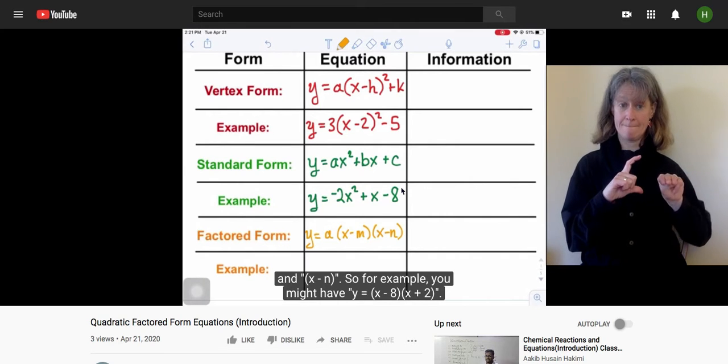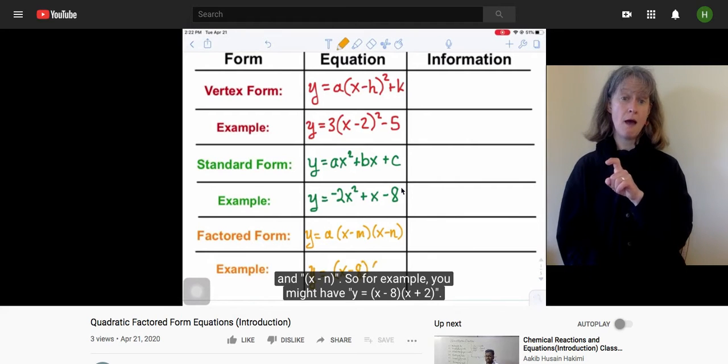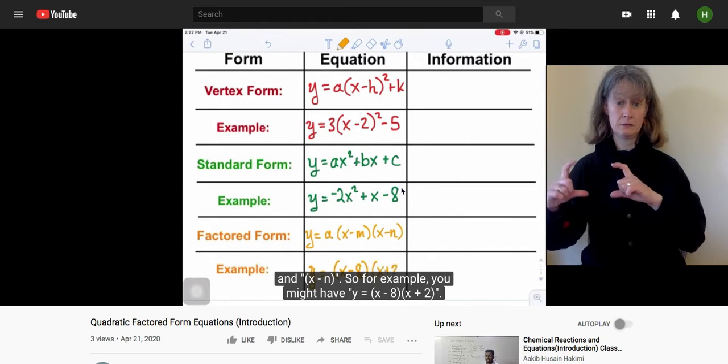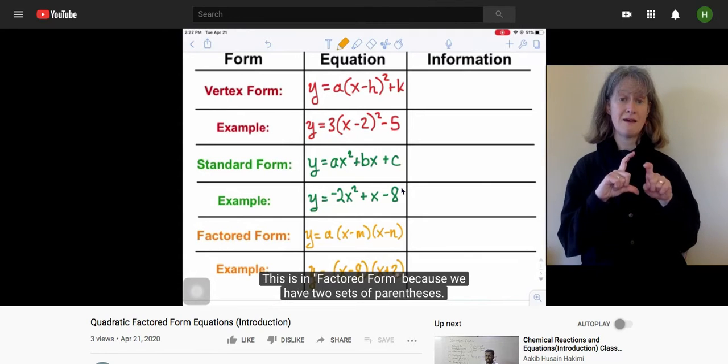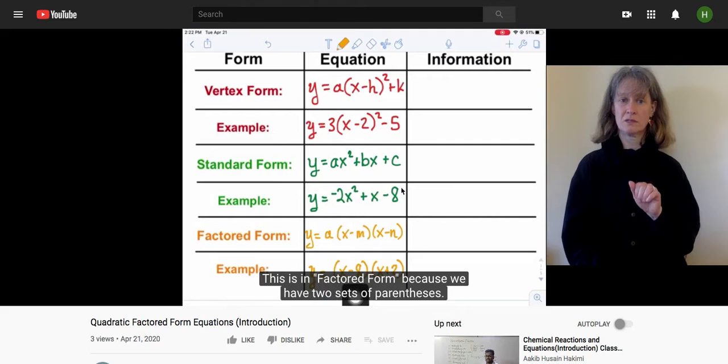So for example, you might have y equals (x minus 8)(x plus 2). This is in factored form because we have 2 sets of parentheses.